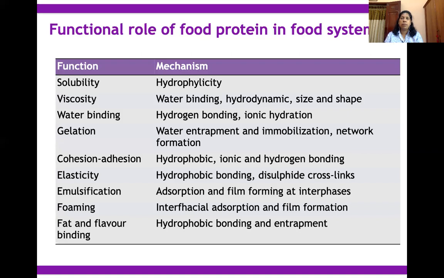There are some functions we can list out, like solubility, which means the soluble ability of the protein, and viscosity, which makes a thick fluid or a thin fluid because of the protein and water. Then there is water binding ability, gelation ability, cohesion and adhesion ability, elasticity, emulsification ability, foaming ability, and fat and flavor binding ability.